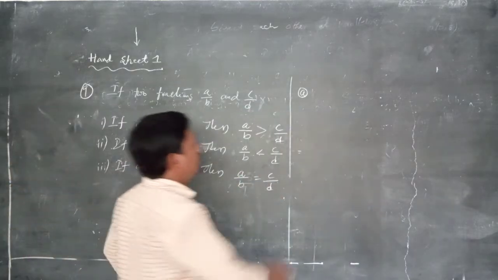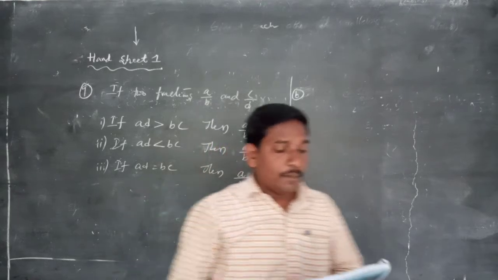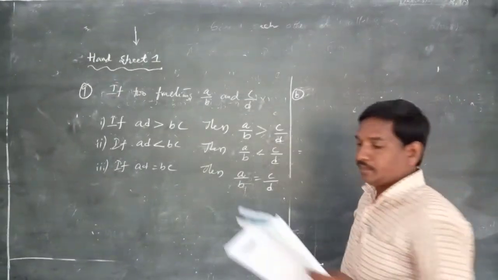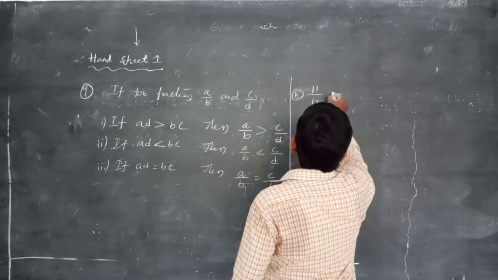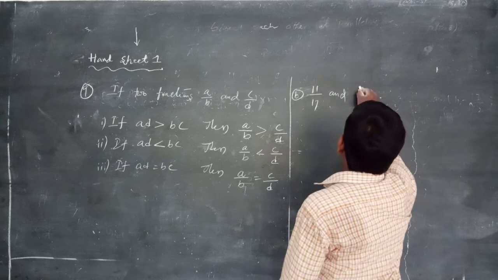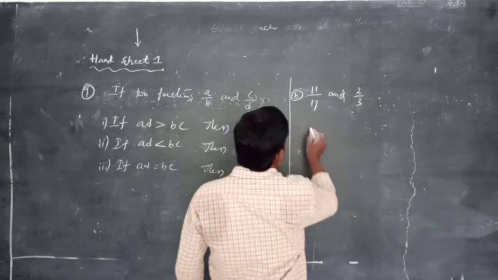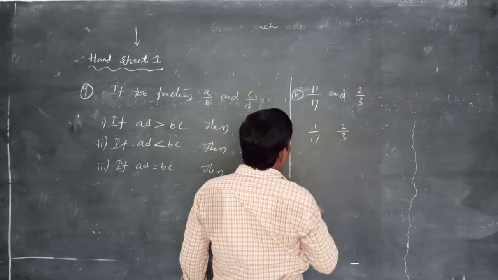And B: compare 11 by 17 and 2 by 3. Again, 11 by 17, 2 by 3.